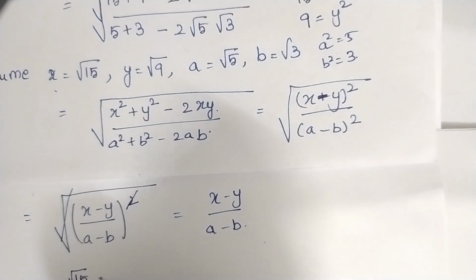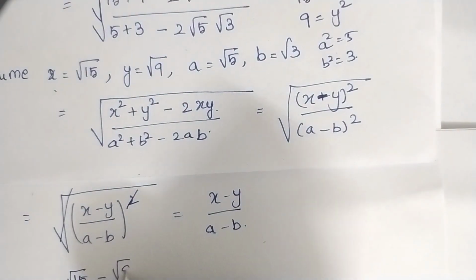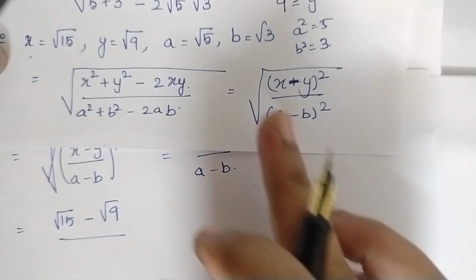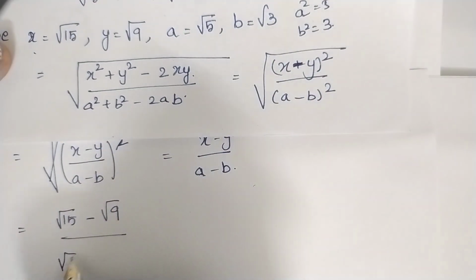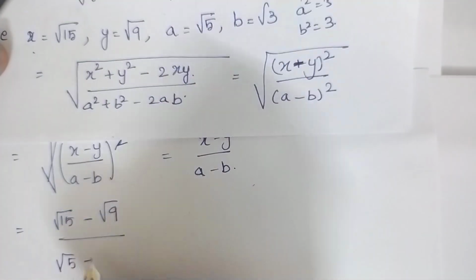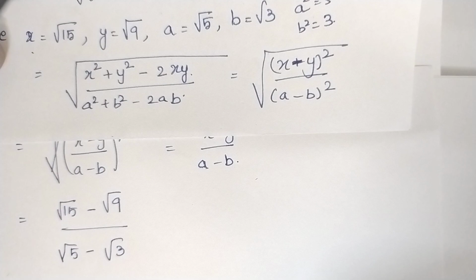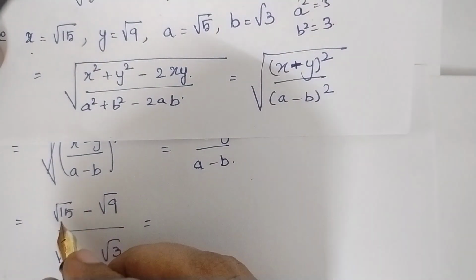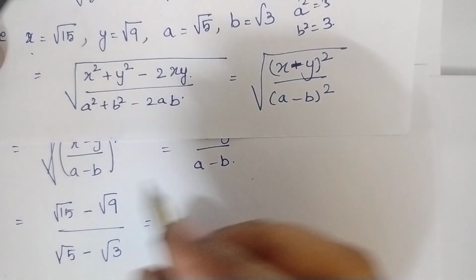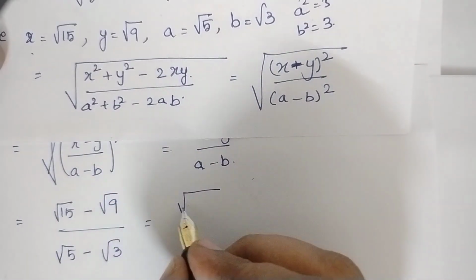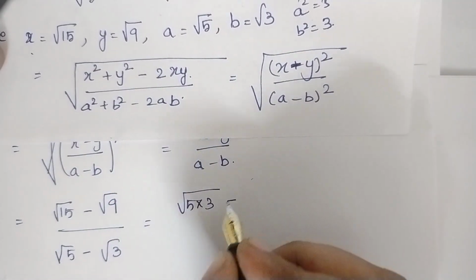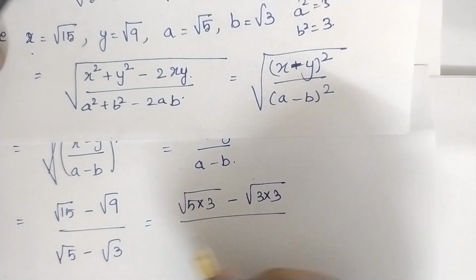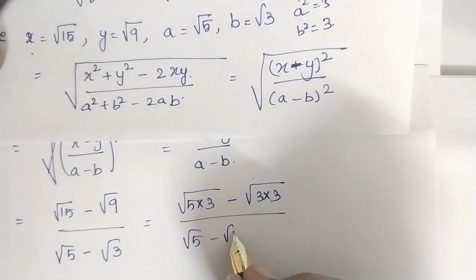Here x value is root 15, y value is root 9, divided by a value root 5 minus b value root 3. Now I am going to simplify this. I write 15 as 5 into 3, and 9 as 3 into 3, divided by root 5 minus root 3.